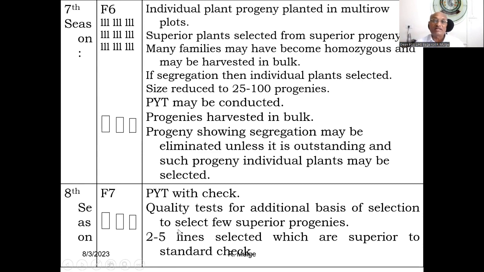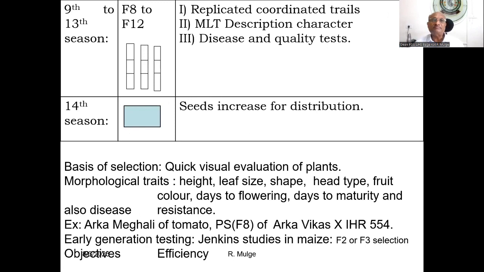So far, yield alone is not sufficient. Now you add some more characters for cutting down. Okay, yield is fine, all are good yielding, but now, based on quality, you can reduce the number. So 2 to 5 lines are selected, which should be superior to the standard check.